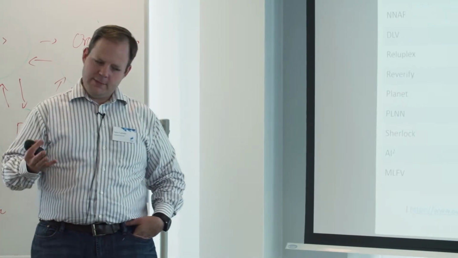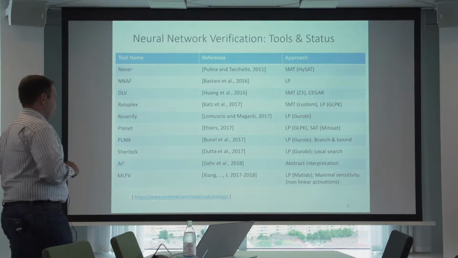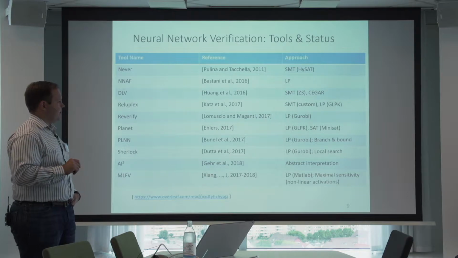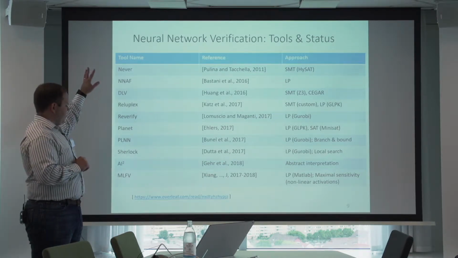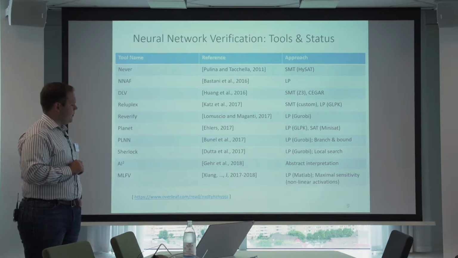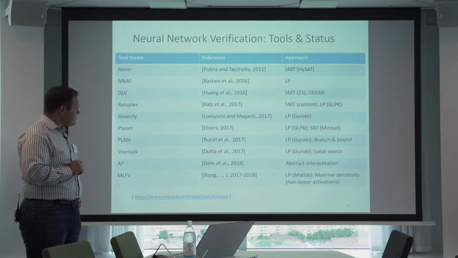So in doing image classification and other perception aspects of things like autonomous vehicles, but other systems as well. This is pretty much all of the tools that exist in this space now. And there's more. This is coming out of our survey paper.